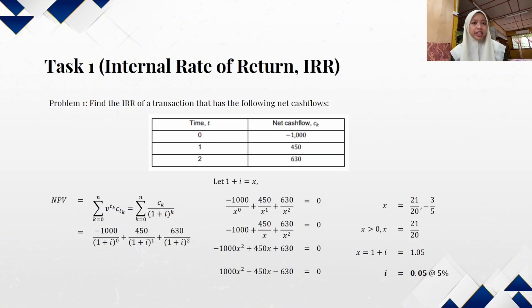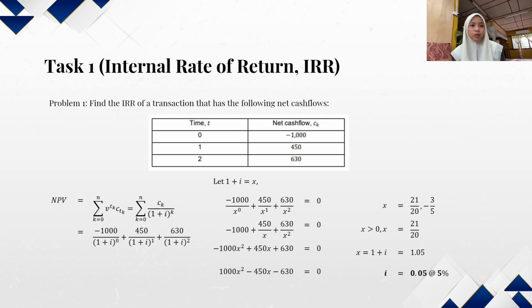For problem 1, find the IRR of a transaction that has the following net cash flow. On the question, we use the formula that we saw from the previous slide, where we start with the value of Ck. With the question given, C0 is initial negative 1000, C1 is 450, and C3 is 650. Then we let 1 plus i equal to s, and then we multiply all of it by s squared, and we get that s is equal to 21 over 22 and negative 3 over 5.